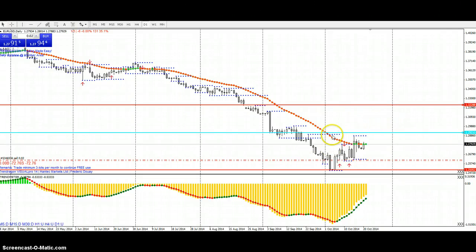And as I mentioned in my previous video, this level here is the level C of a correction from this move down here, and that means that this zone here could be a nice zone of resistance for the currency, meaning that the currency may go back here, and if it does, it may actually go down and break that low here to resume the move on the downside.